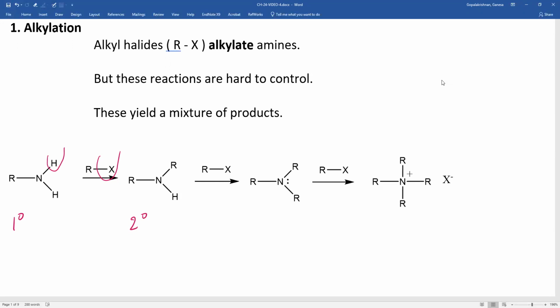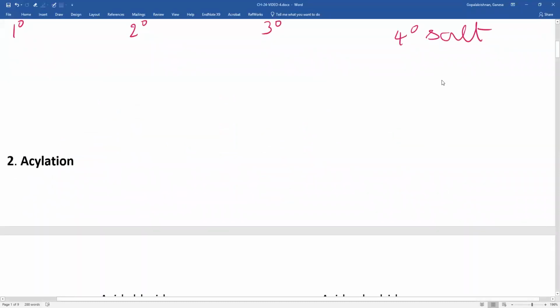If we react it with alkyl halide, the same thing happens, it forms a tertiary amine. And the tertiary amine reacts with alkyl halide and forms a quaternary ammonium salt. So it keeps reacting and forms a mixture of products.